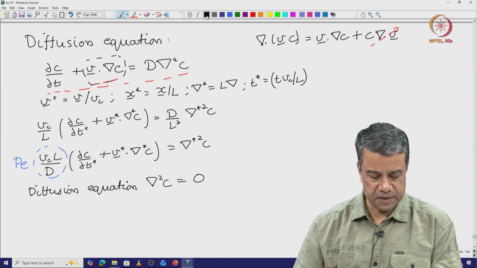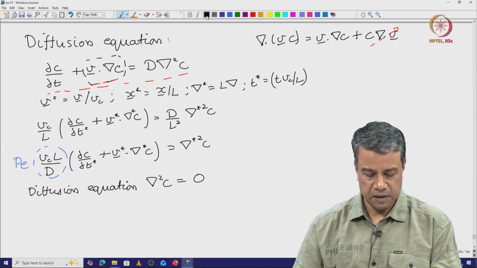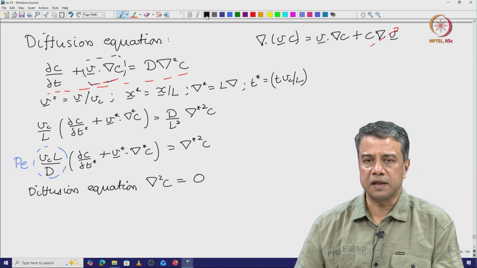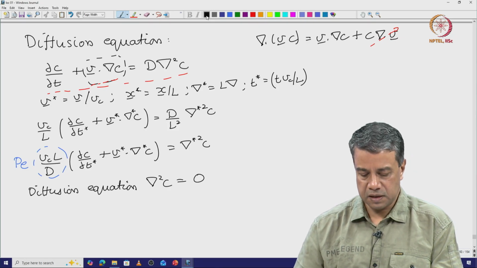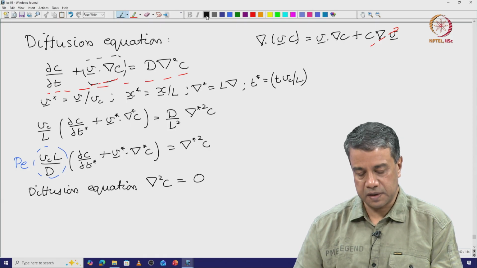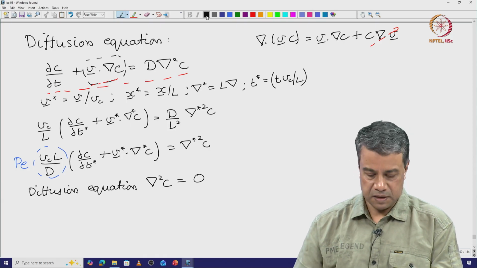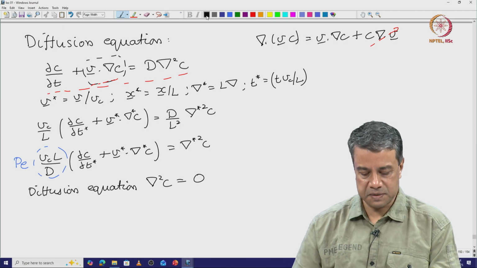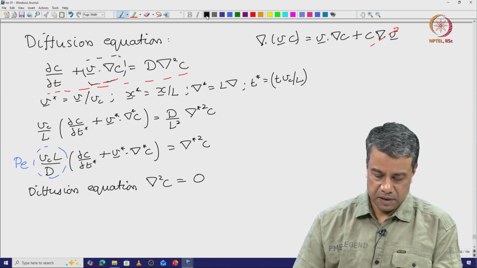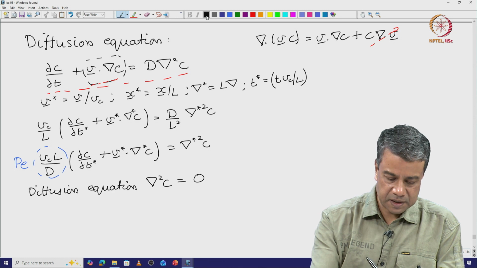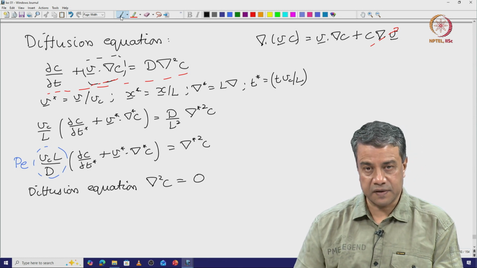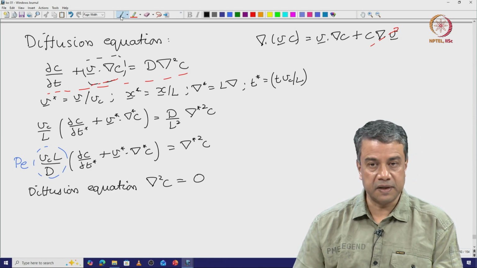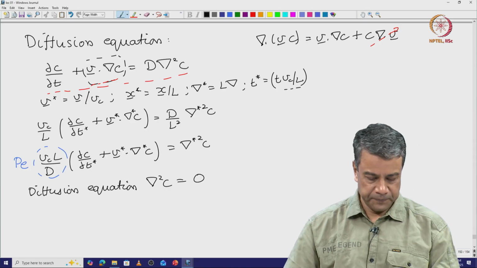So, we had scaled the velocity by a characteristic velocity, the position by a characteristic length, and the scaled gradient operator is 1 over L times the dimensionless gradient operator. The time we had scaled by the convective time scale, that is L by Vc, the length divided by the characteristic velocity.